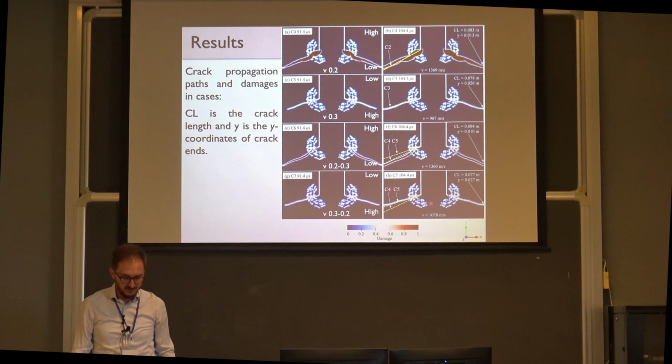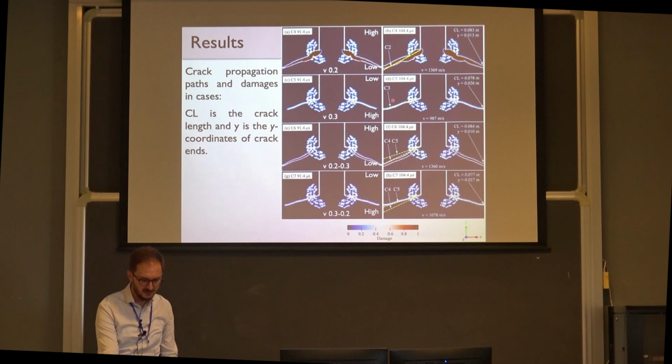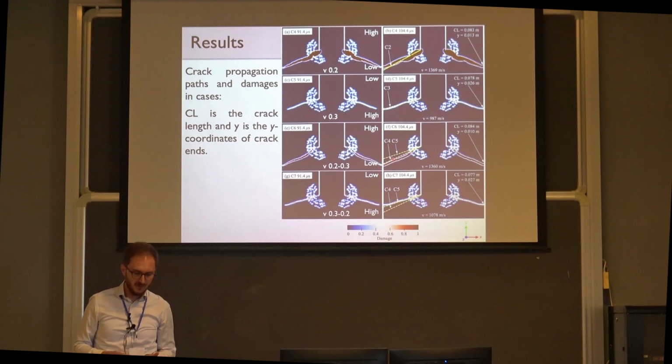We see that the low Poisson ratio increases the damage in case 4 and case 6. If you use 0.2 for Poisson ratio, the damage is very high, and crack velocity is increasing with it.